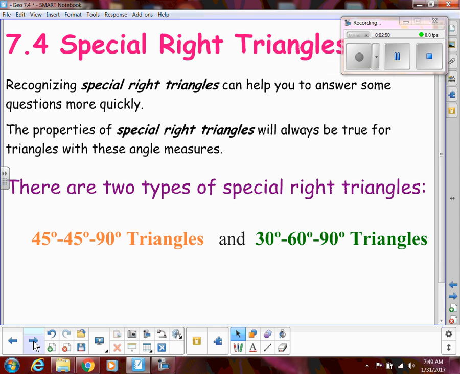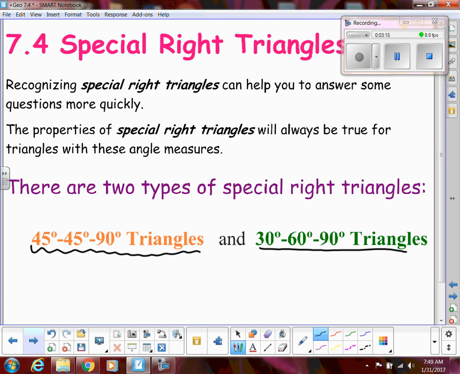So rather than having to do the Pythagorean theorem every time, we can focus in on these particular ones because they do have patterns. And these properties will always be true for right triangles with these angles. So right now we're focusing on 45, 45, 90 triangles. And then later in the video, we'll look at 30, 60, 90 triangles.